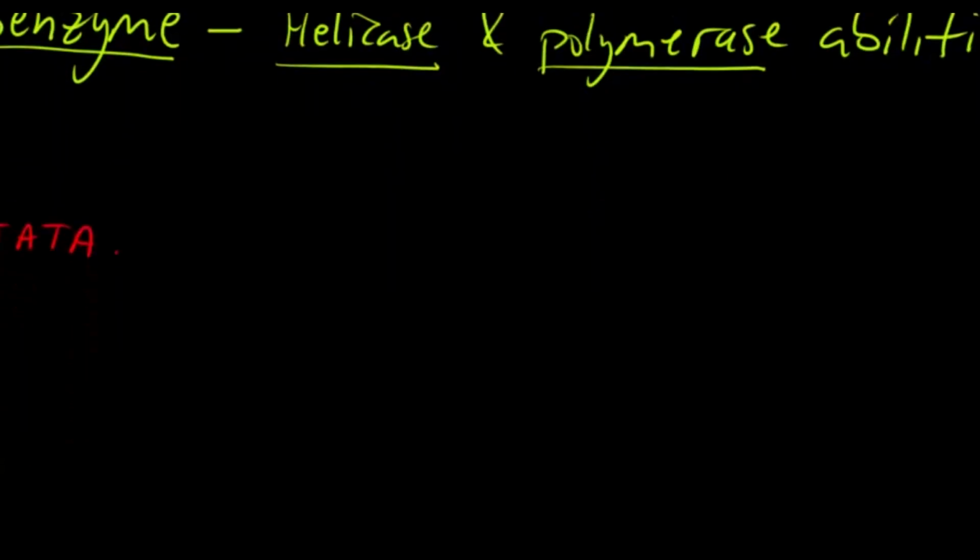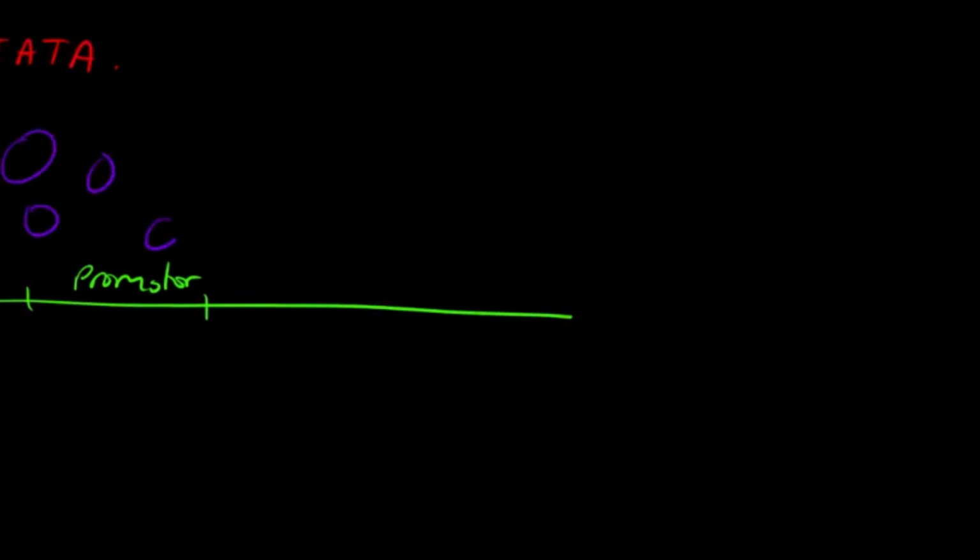However, what you do need to know is, if here's our DNA and here's the promoter region, in eukaryotes there are a number of transcription factors, proteins that bind to specific regions in a specific order.